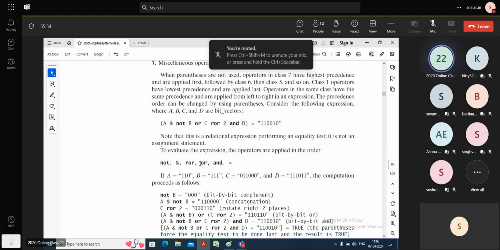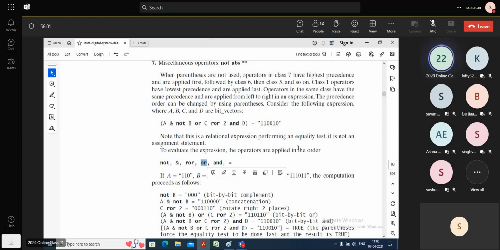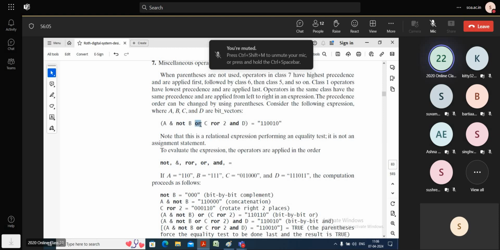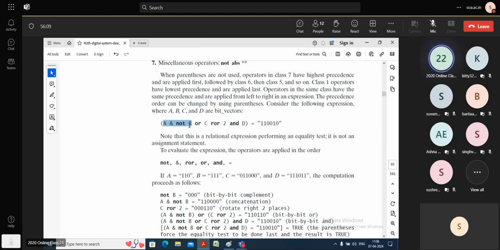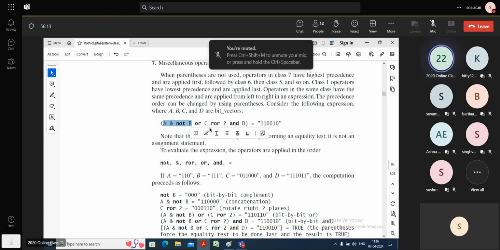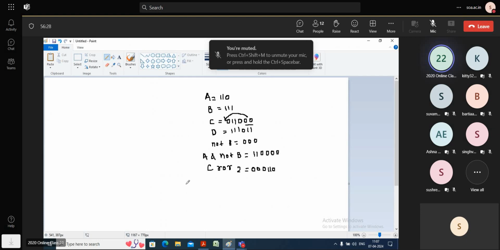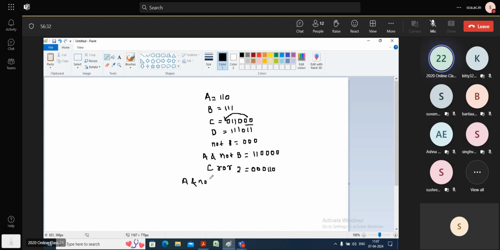Next after OR, that is OR. We have already performed A concatenation NOT B, and C ROR 2. Now we'll find the OR of these two. The OR operation, as you know, is done bit by bit.